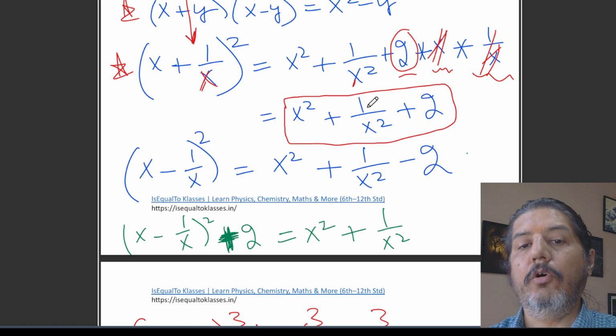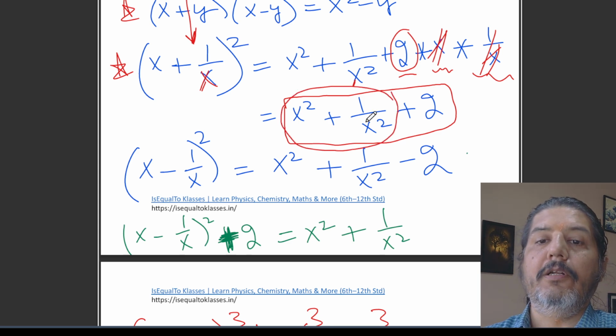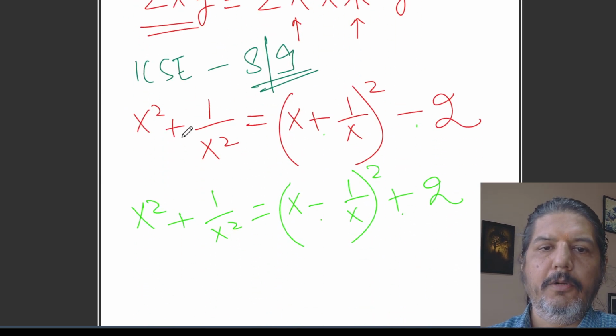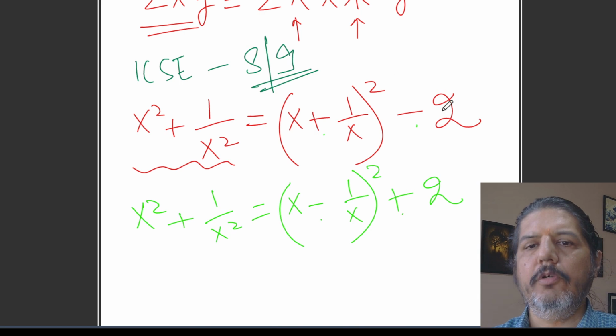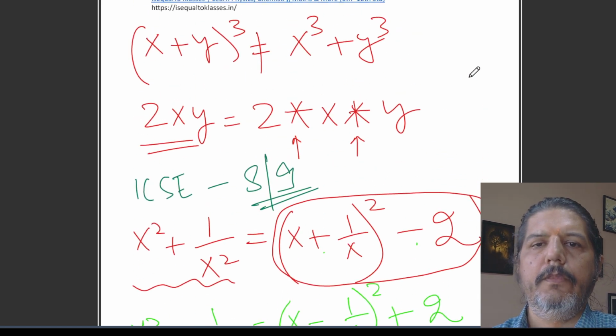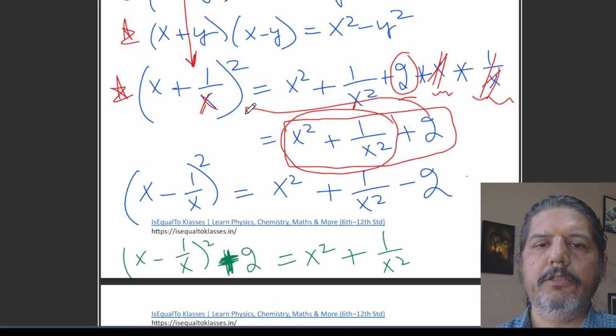This is also written, at times, like find the value of x square plus 1 upon x square. So we need to remember that x square plus 1 upon x square would be equal to x plus 1 upon x whole square minus 2. Where does this come from? This comes from the same expansion. The only thing that I do is I take this 2 on this side.